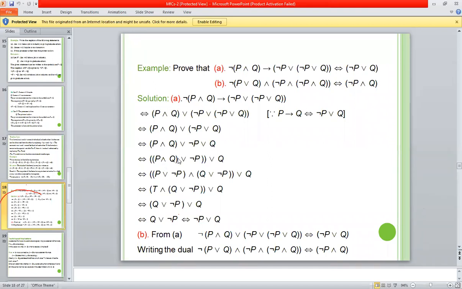So (P or negation P) and (Q or negation P or Q).